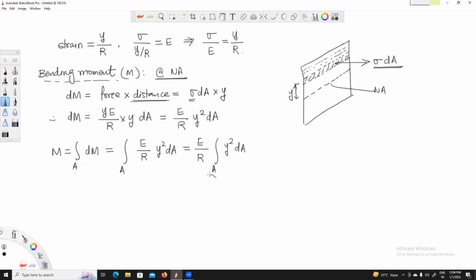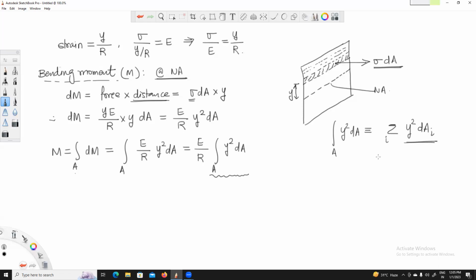And if you look at this particular term, the integration of y square times dA over area can be considered as the summation of y square times small areas dA.